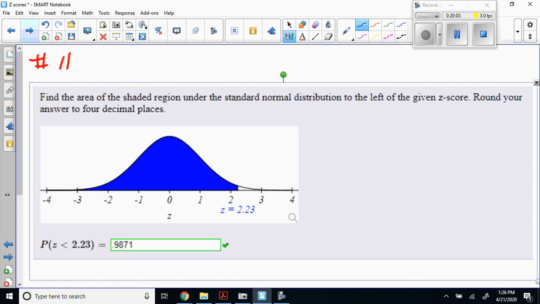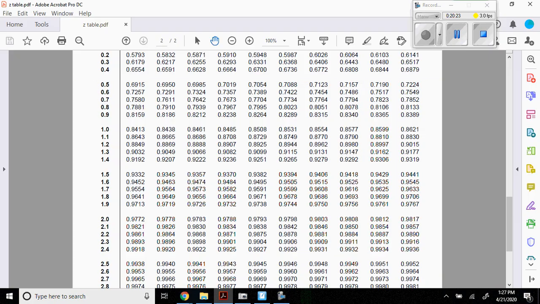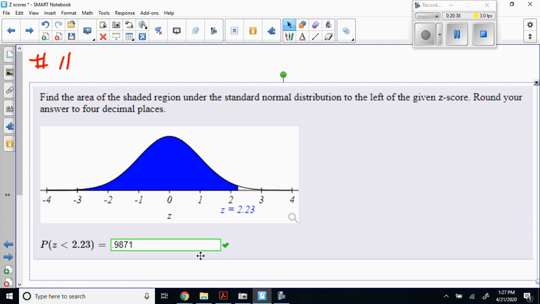The next one that I've done was number 11. This one says find the probability that z is less than 2.23. Well, you just read it right off the table, right? If I were to go to 2.23, 0, 1, 2, 3, 9871, right there, 9871.